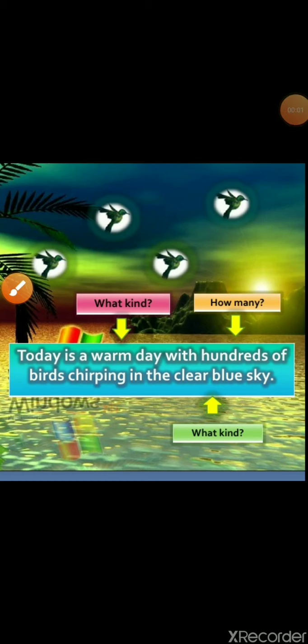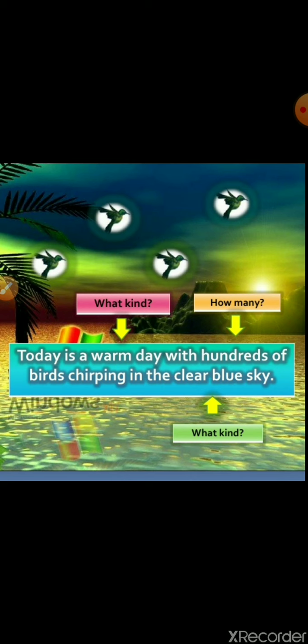Now, a common example in which I have added 2-3 types of adjective. Read with me and you will find the difference. Today is a warm day with hundreds of birds chirping in the clear blue sky. Today is a warm day. What kind of day? Day is the noun here. With hundreds of birds.